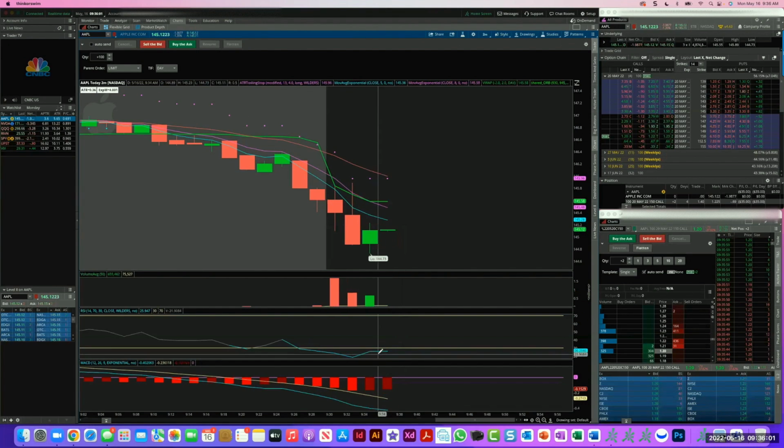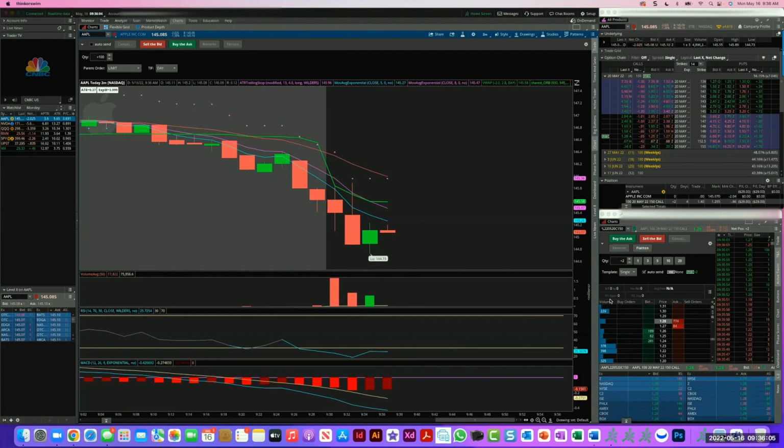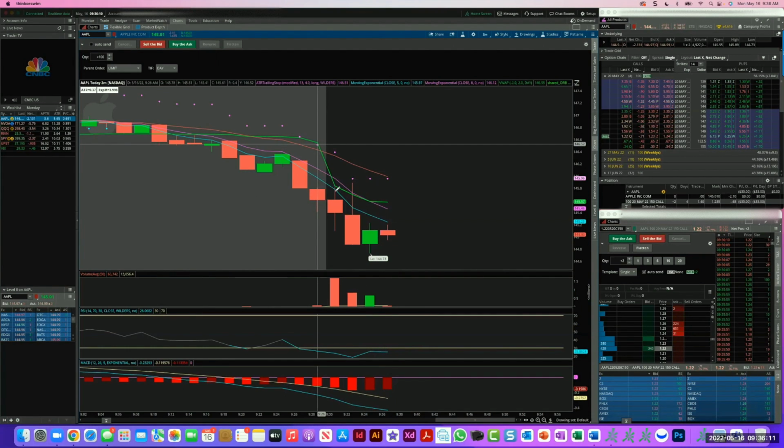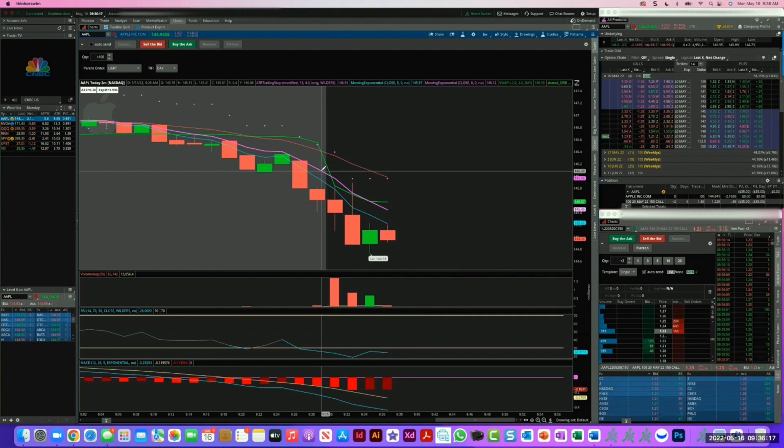We've got the RSI, which looks like it's trying to turn. I'm using the VWAP. This green line is the VWAP. This is the 5-day EMA. This is the 20. I'm sorry, no, this is the 8. I've changed my settings. And this is the 20.